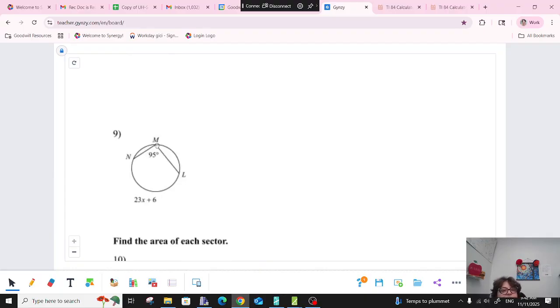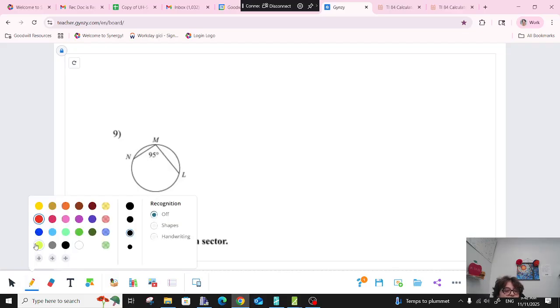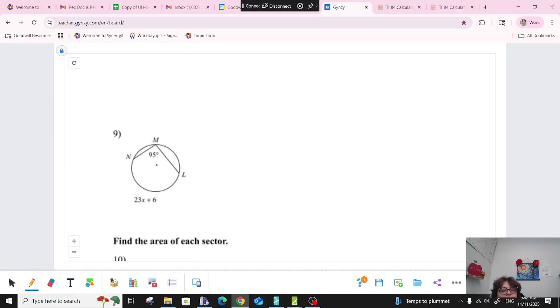Okay, this time it's on the circle. So this is just another version of an inscribed angle, right? So what's the relationship between these two? What am I going to multiply 2 by? 95. There you go. Equals 23x plus 6.